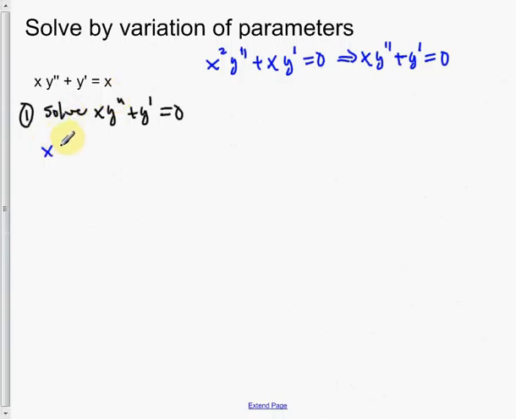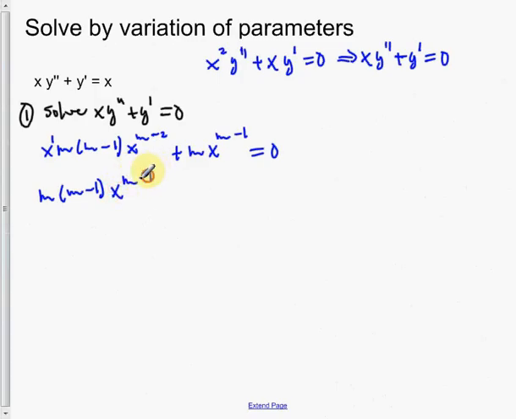So this is x times m times m minus 1 times x to the m minus 2, plus y prime, which is m times x to the m minus 1, equal to 0. So what we have here, this x to the first will cancel out with one of the x's in the x to the negative, x to the m minus 2. So I have left m times m minus 1 times x to the m minus 1 plus m times x to the m minus 1 equal to 0.